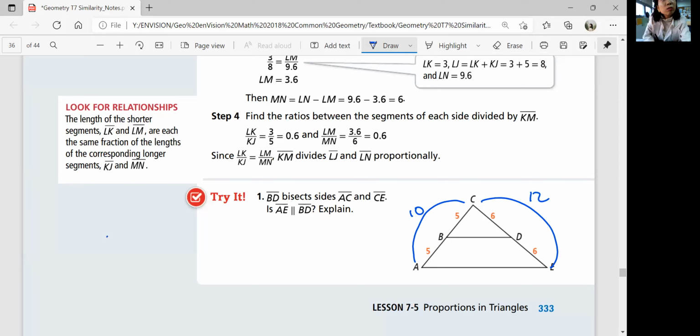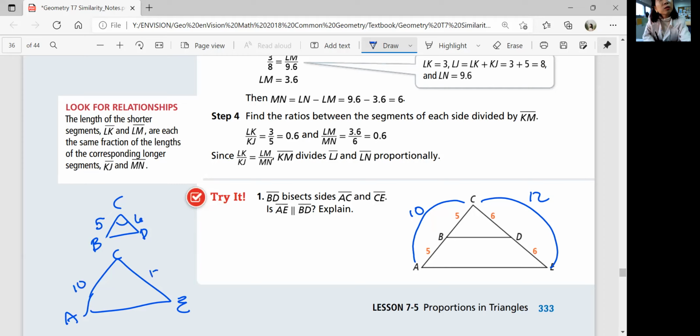If we look at these two triangles, CBD and CAE, this is 5, that's 6, and we have this angle. And then this is 10, that's 12, and we have this angle. Are the sides proportional? 5 times 2 is 10, 6 times 2 is 12. So yes, both sides are proportional, and we have the same congruent angle, which is C.